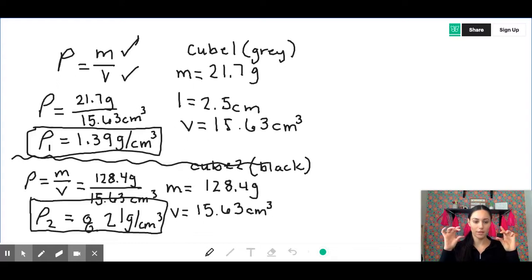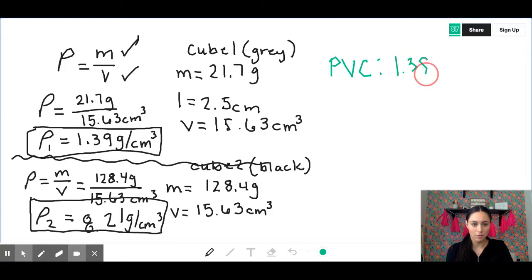Now, to pull this together conceptually, I'm going to tell you the identity of the two materials that make up cube 1 and cube 2. Cube 1, which was our light gray cube, which had less mass, is made of PVC, which is just a type of plastic. And if you were to go on Google or in a book or anywhere and look up the known density of PVC plastic, you would find a value of 1.38 grams per cubic centimeter.